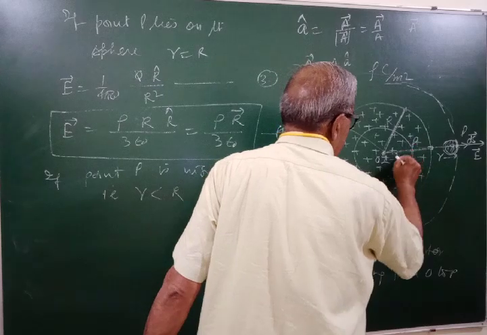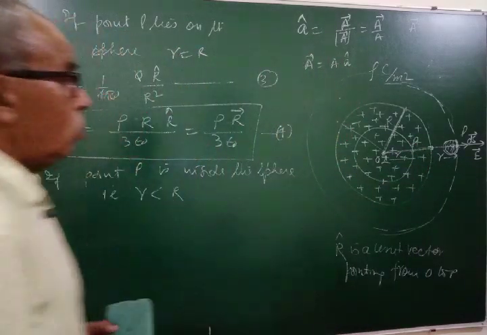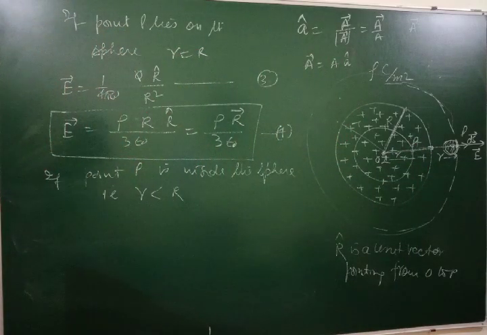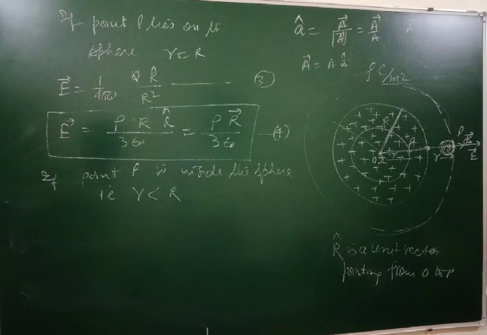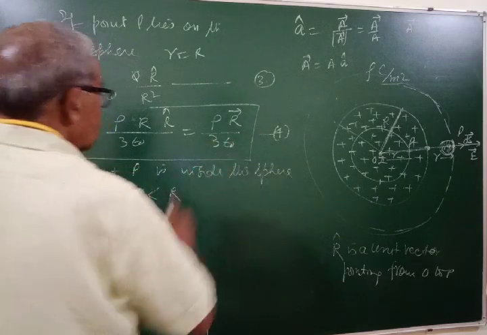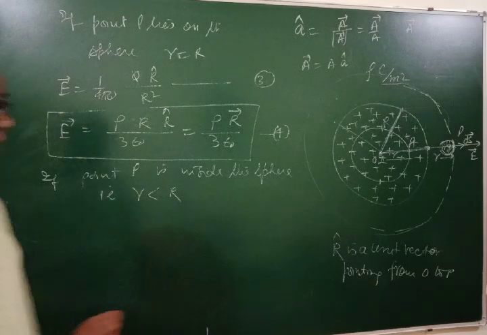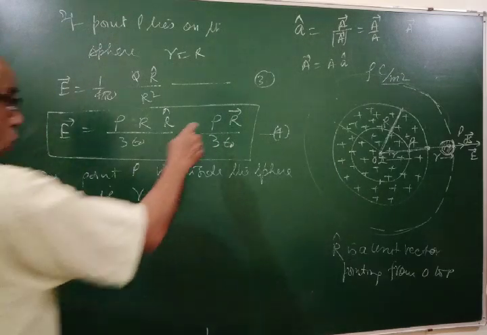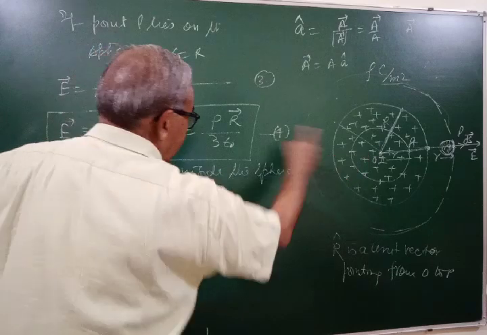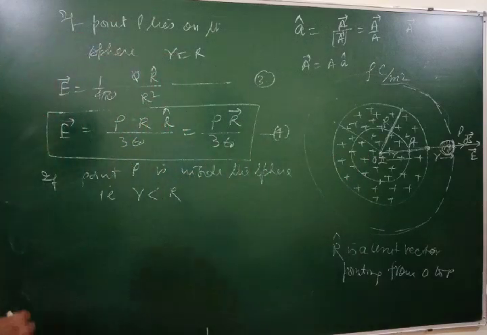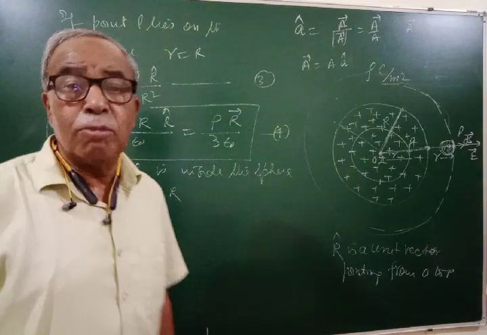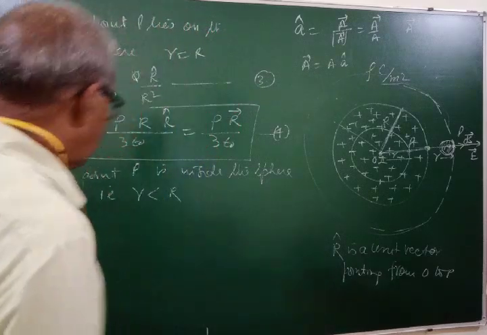Point P is now here, and r is this. Using equation 4 we can write it directly as rho vector r upon 3 epsilon 0. But let us explain in terms of Gauss theorem.